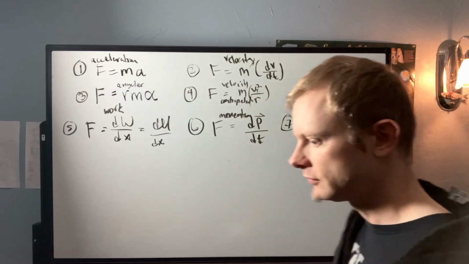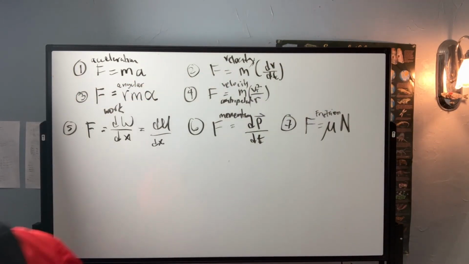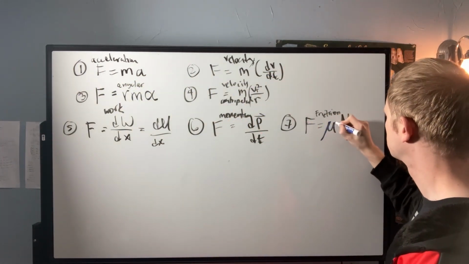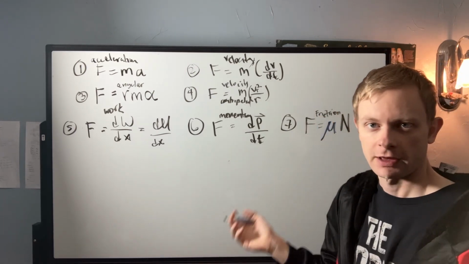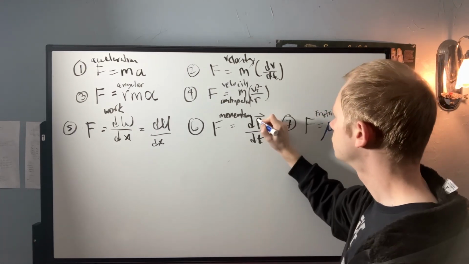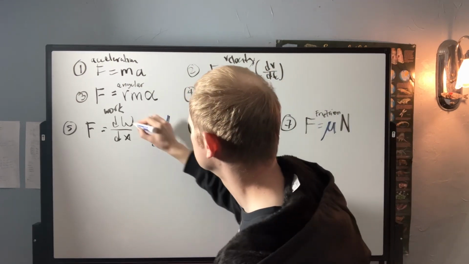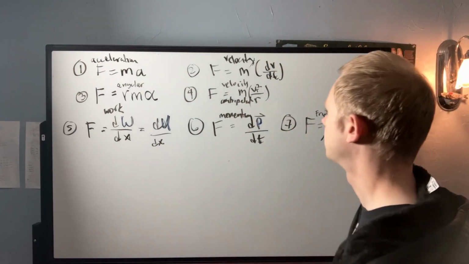So perhaps you're given the coefficient of friction, and that's the one that you need to use, that particular formula. Maybe you're just given the momentum. Maybe you're given potential energy or work, and you can figure out what force is based off of that.